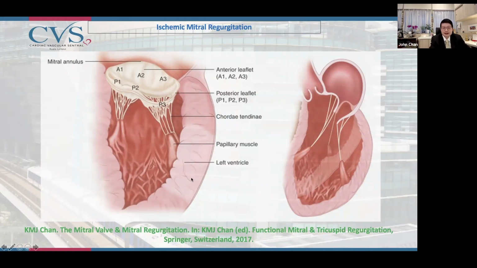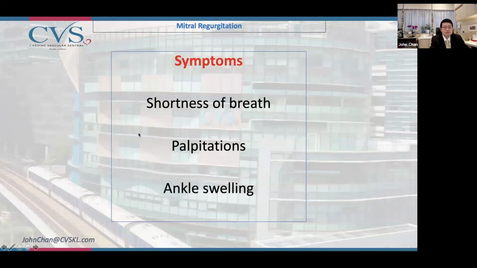After a heart attack, for example, if the heart is not contracting very well, or if it is getting bigger, then it can pull the valve apart like we see here. And this can result in a leakage as well, what we call ischemic mitral regurgitation.